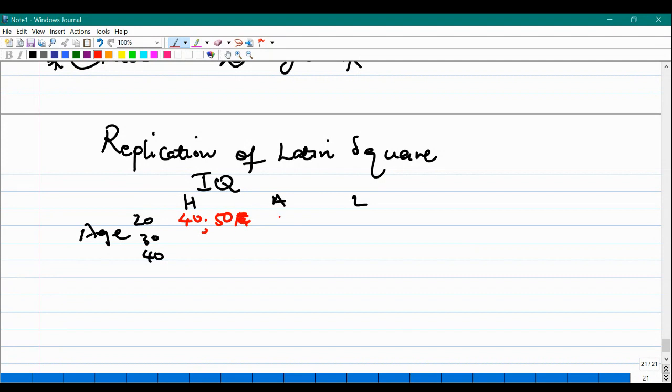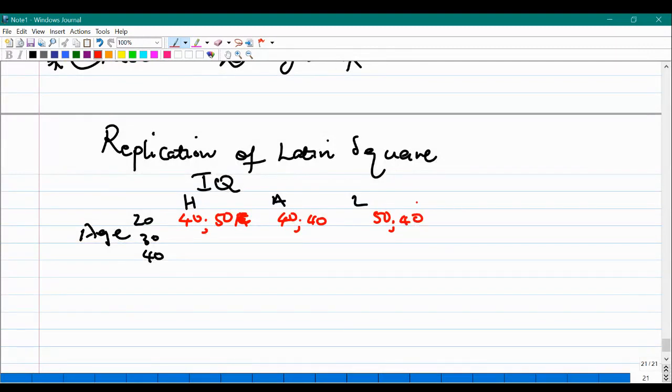Okay, let's go fast. Let's focus on the values. We'll write the letters afterwards. 40 and 40. The last one? 50 and 40. Yes.